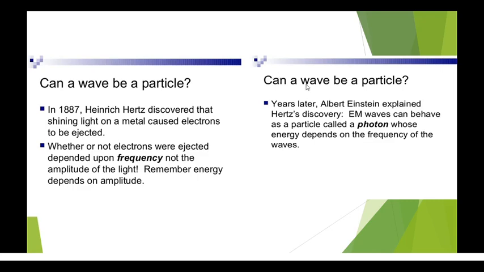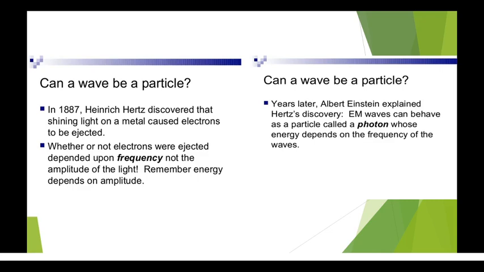And years later, Albert Einstein explained Hertz's discovery. That is, electromagnetic waves can behave as a particle called a photon whose energy depends on the frequency of the wave. That means an electromagnetic wave having a particular frequency nu can be considered as a particle called a photon having energy equal to h nu.